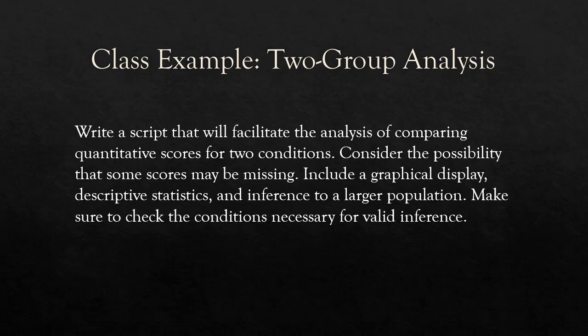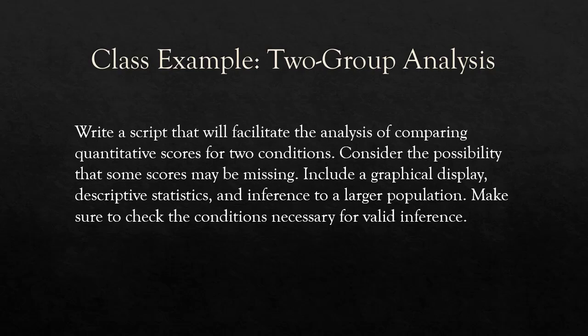We know the graphical display probably is going to be side-by-side box plots, so that's more specific. The descriptive statistics can be the 5-number summaries, the means and standard deviations for the two groups that we're comparing. And then the inference could be a confidence interval for the difference in means.